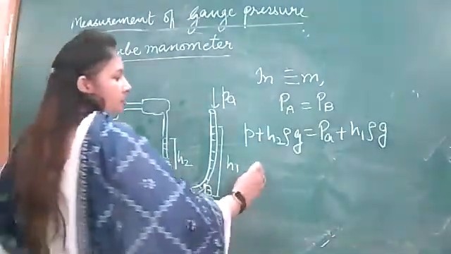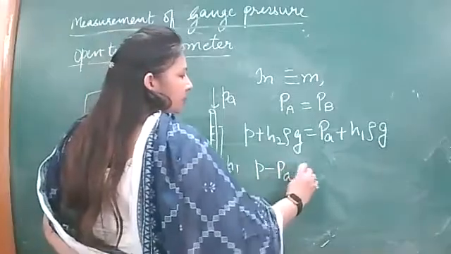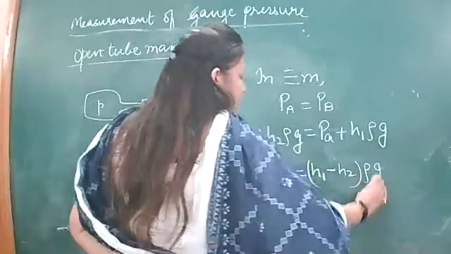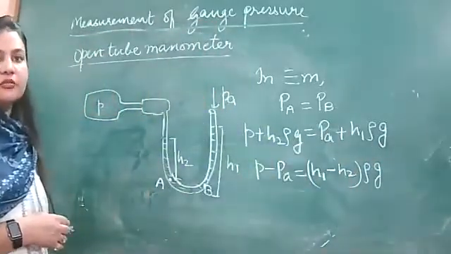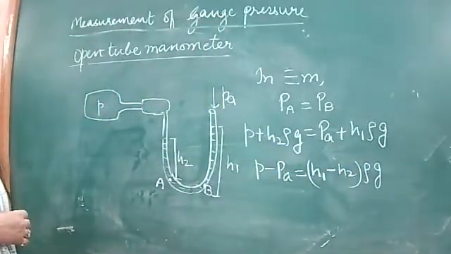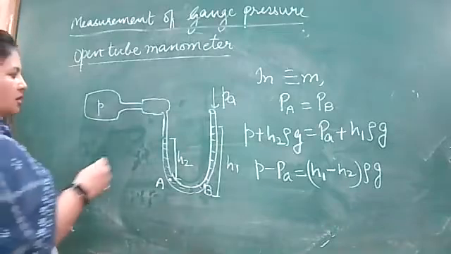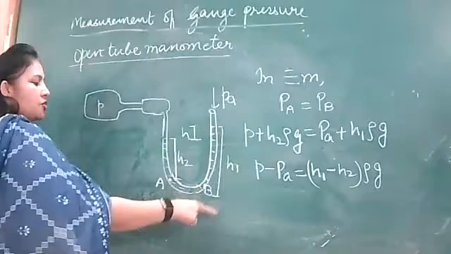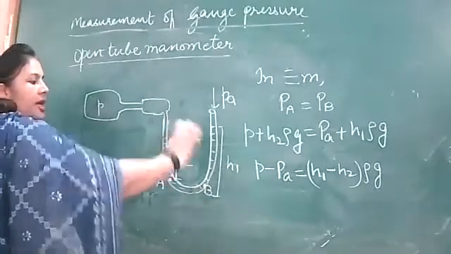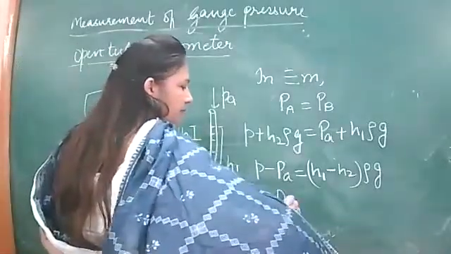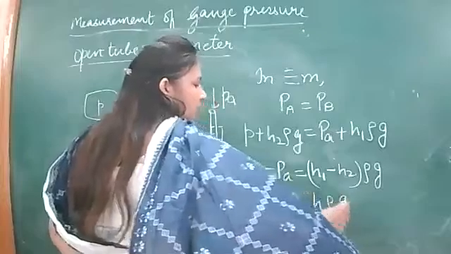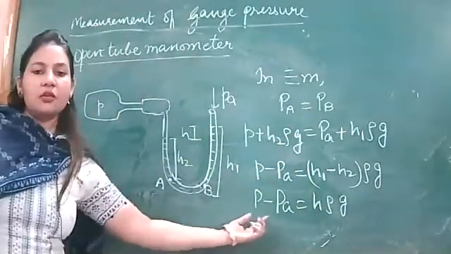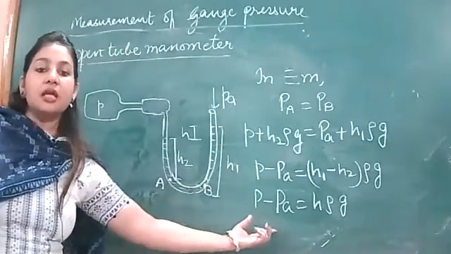Now, P minus PA can be written as H1 minus H2 rho G. Rearranging the terms, we write difference in pressures is H1 minus H2 rho G. Let us say that the difference in levels is H. This H1 minus H2, if that is equal to H, then let me substitute here H rho G. So using this open tube manometer, we have found the difference between absolute and atmospheric pressures, that is gauge pressure.